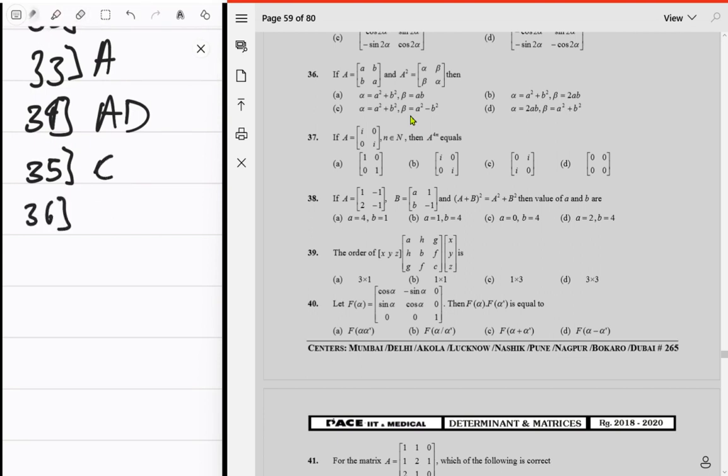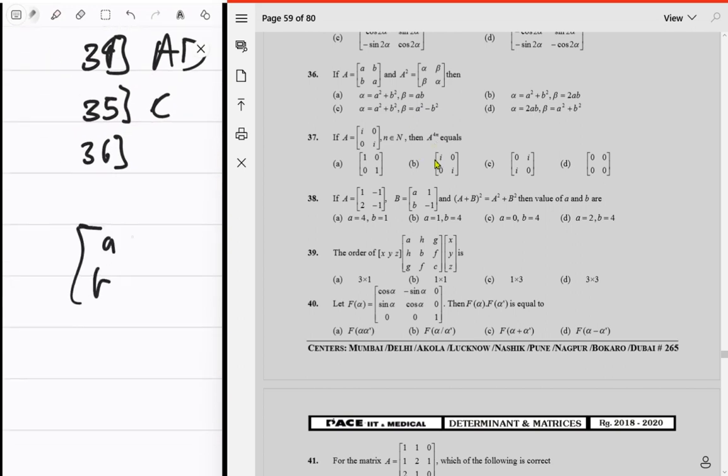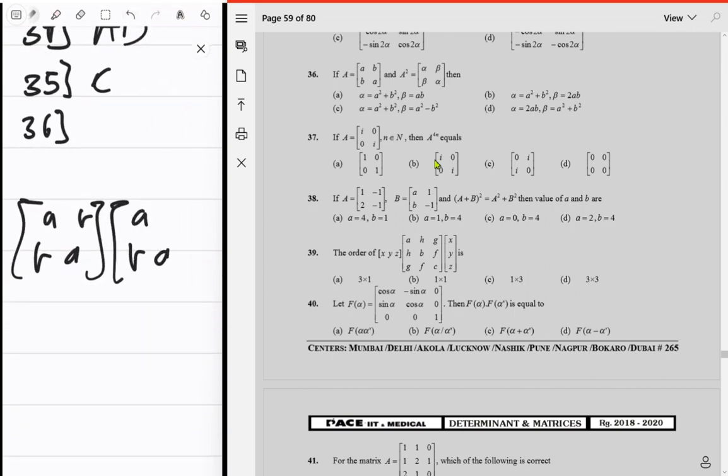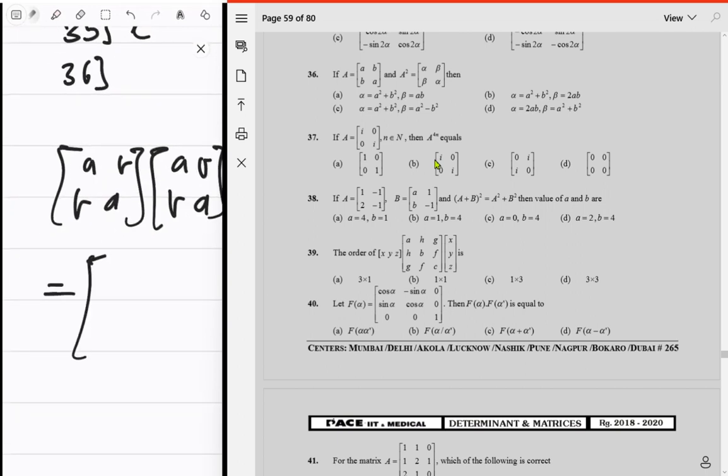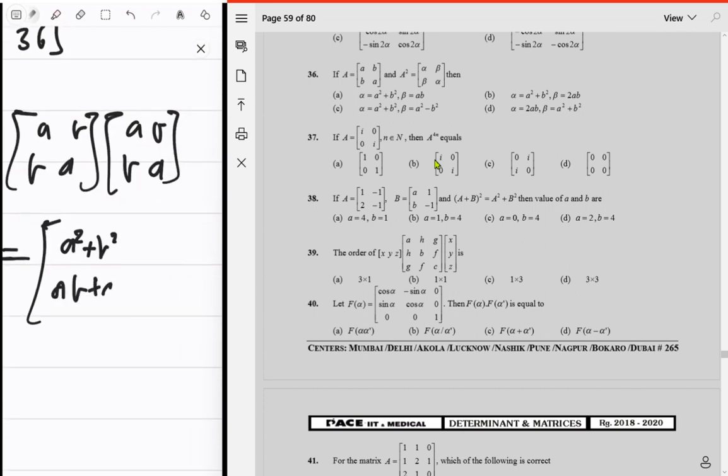36, okay. Let's see. So it's A, B, and oh, that's a symmetric matrix, isn't it? Its transpose is the same as that, so just the square of this matrix. Okay, it's A, B, A, B. Wait, no, it's A over there. Then you got A, B, A, B. This matrix applied on the first vector, you got this column vector A squared plus B squared, and then AB plus AB, like 2AB basically.